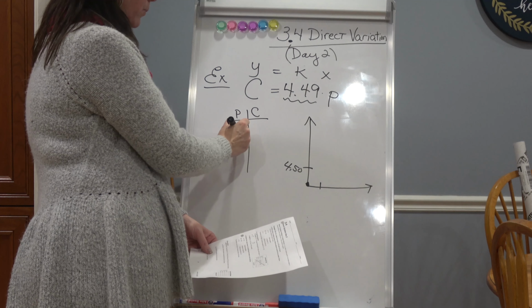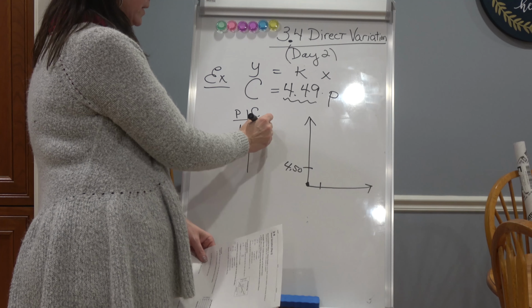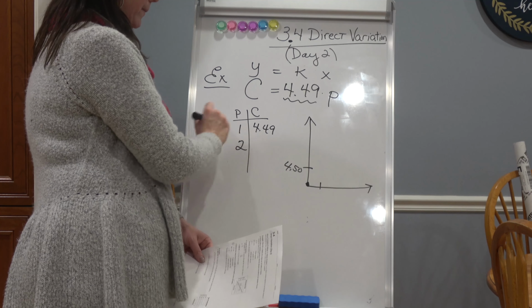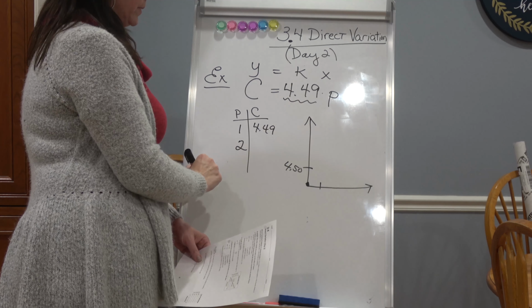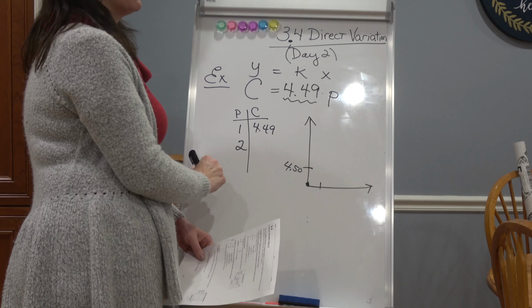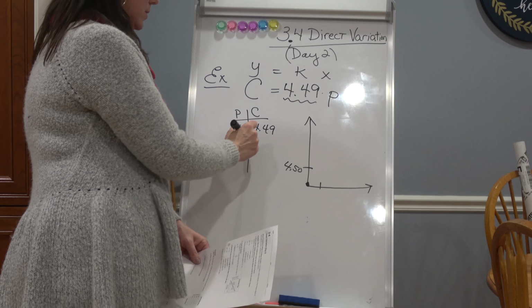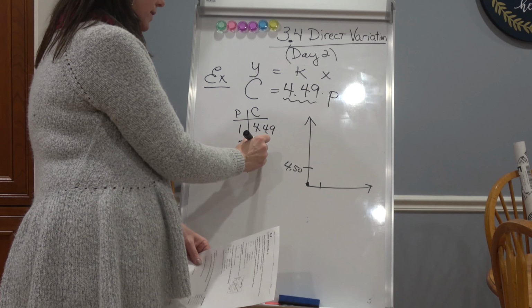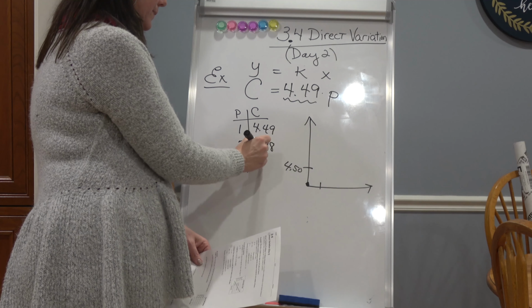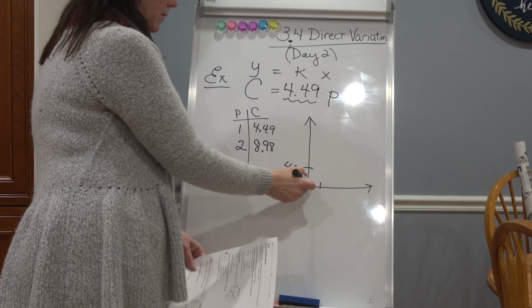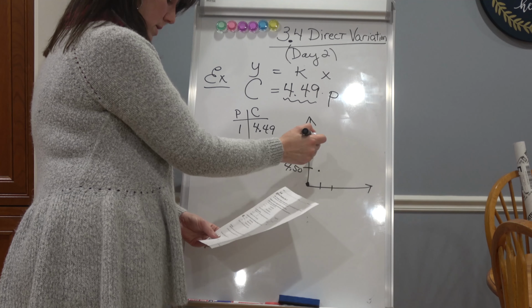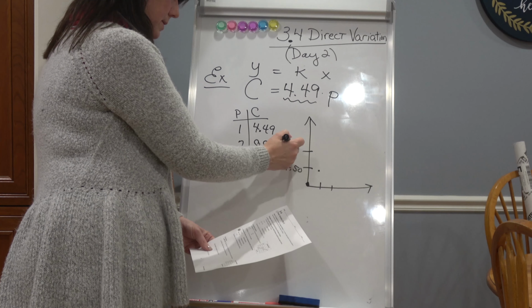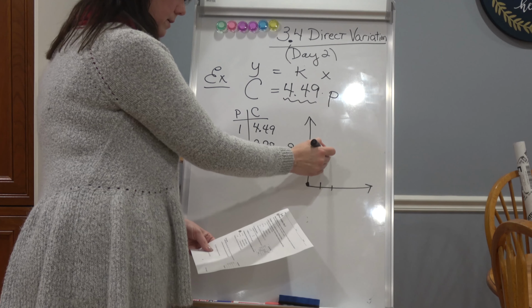Here, obviously, plug in 1, you're going to pay $4.49. If you buy 2 pounds, 2 times 4.49 would be, let's see, 4.50 would be $9, so that's going to be 2 cents shy, so $8.98. So I'm just going to estimate, it's almost up there, almost to the $9.